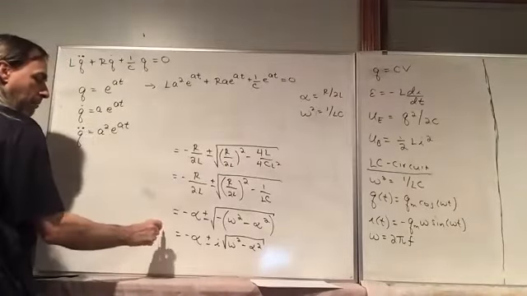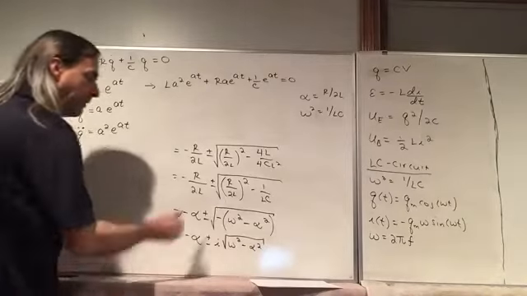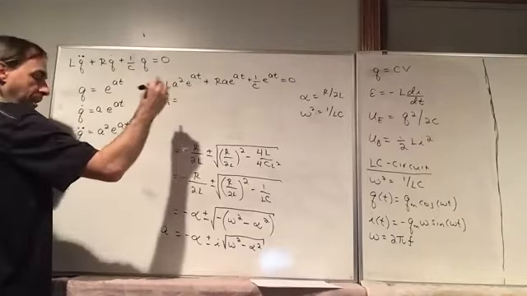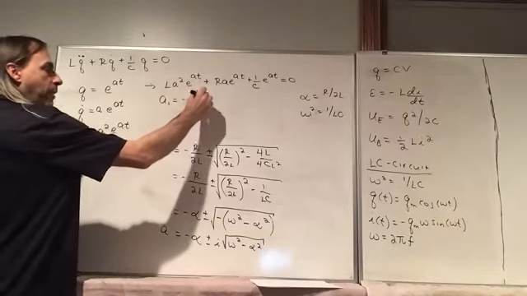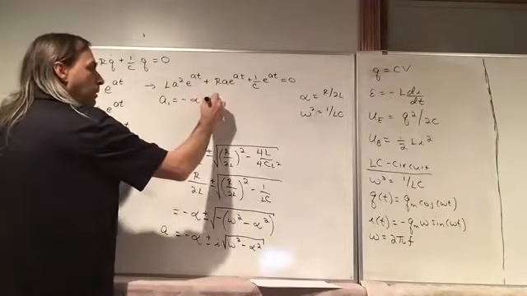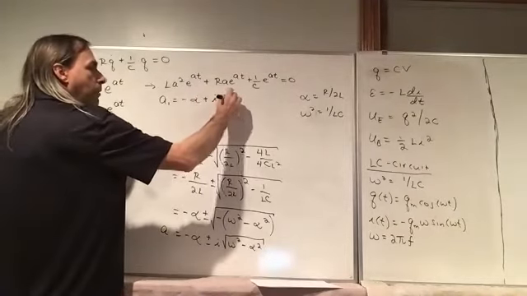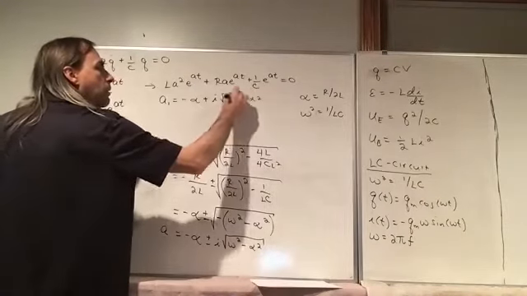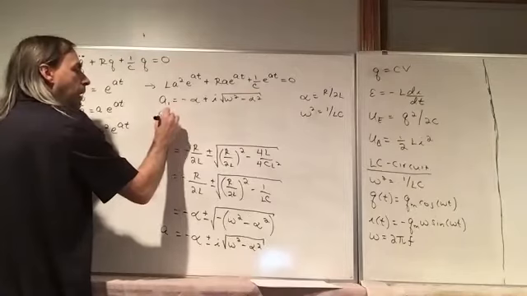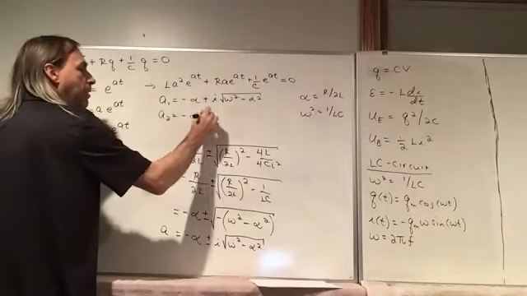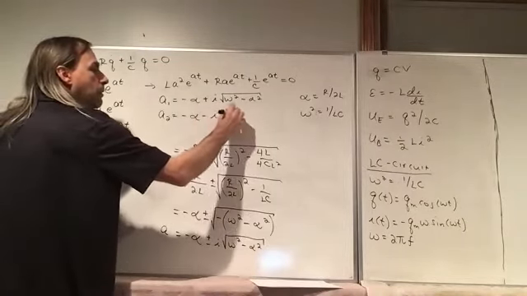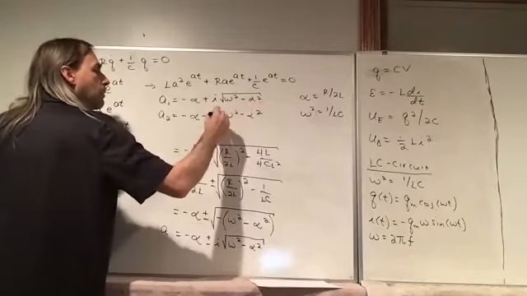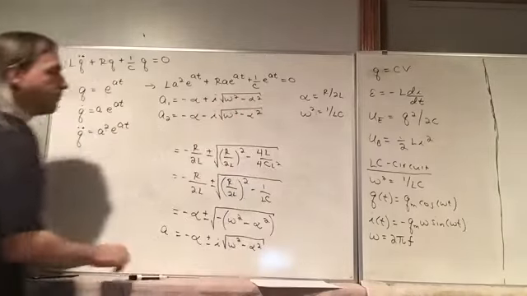So this was A. And there's two answers, so I'm going to call them A1 and A2. So A1 is minus alpha plus I times the square root of omega squared minus alpha squared. And A2 is minus alpha minus. Okay.